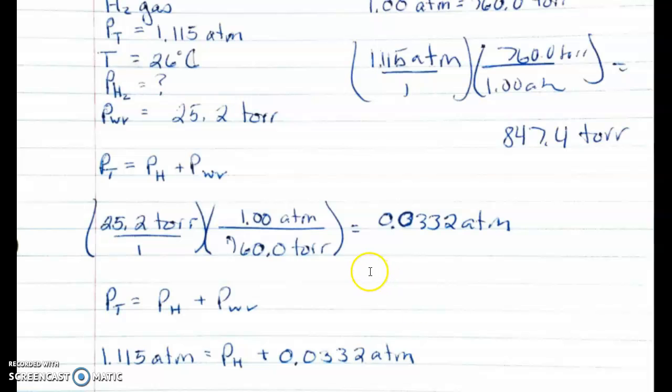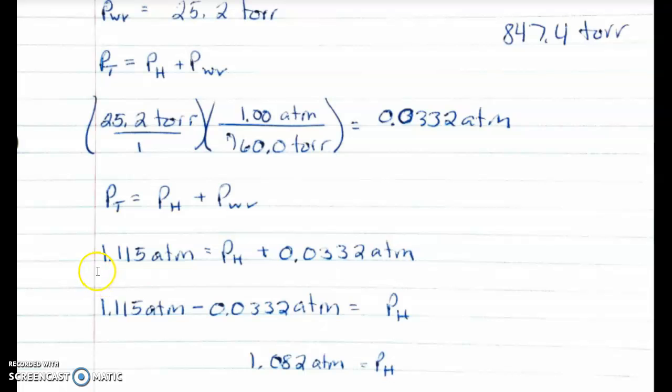Actually, here I showed you how to do it twice. You can also convert that 25.2 torr to atmospheres, and in this case you would divide 25.2 by 760.0 torr, and that would equal 0.0332 atmospheres. And in this case, since 25.2 torr has only 3 significant figures, we can only have 3 in our answer.